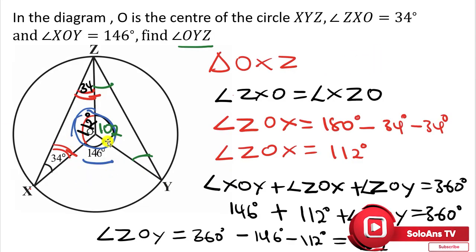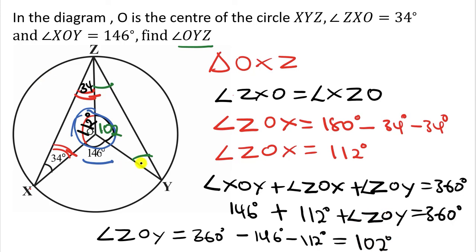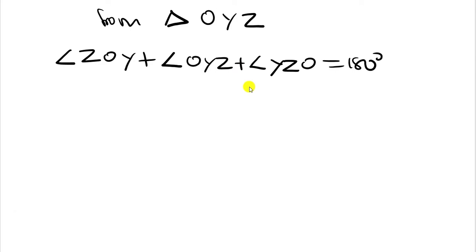That is, whatever angle that you are having here, this particular angle, the 102, that is the angle ZOY, plus OYZ. This angle plus this angle is going to give us 180 degrees, and that is the relation that we are having here.